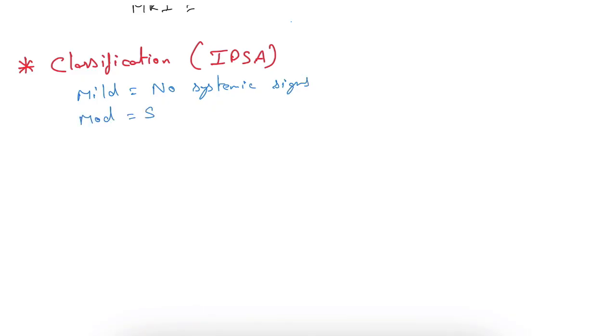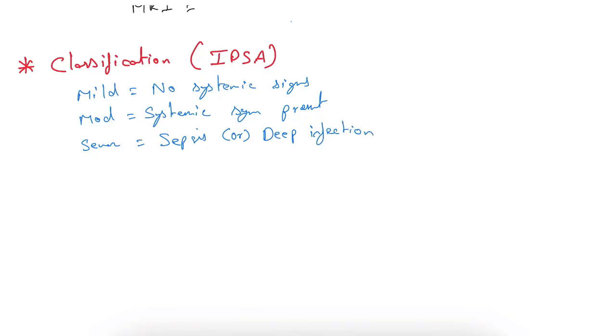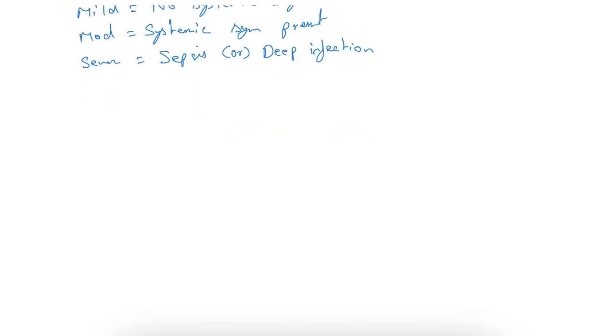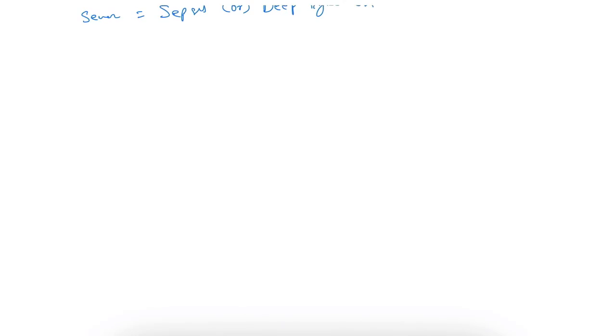Next, in moderate cases, we can see systemic symptoms present. Next, in severe cases, we can see sepsis or deep infections. So these are the classification of cellulitis.